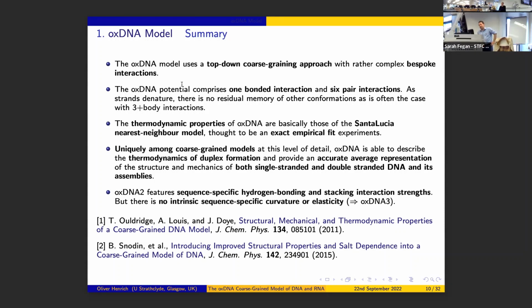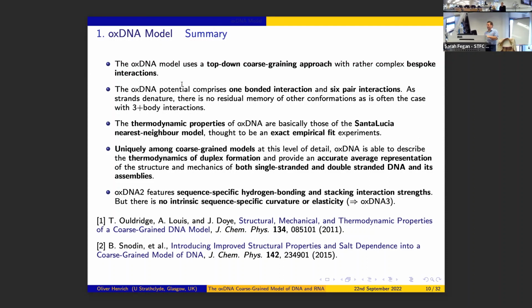There is the SantaLucia nearest-neighbor model. I think it would lead too far to explain what that is, but it's what's behind all these servers that you can use to, for instance, calculate the melting temperature of a DNA sequence. Also, prediction of secondary structures. The model behind it is always the SantaLucia.